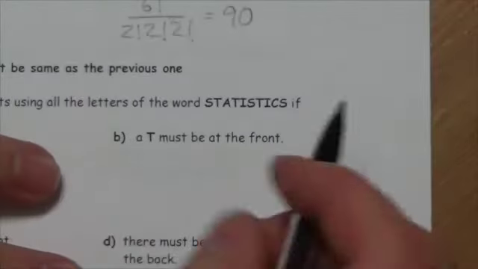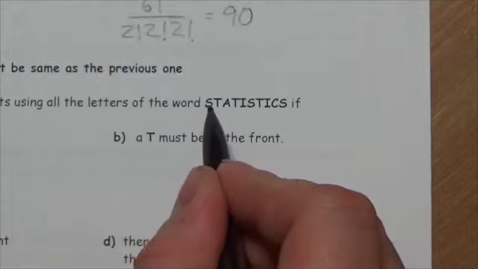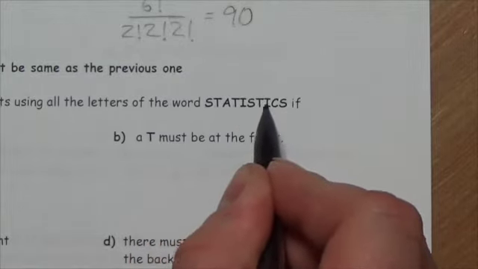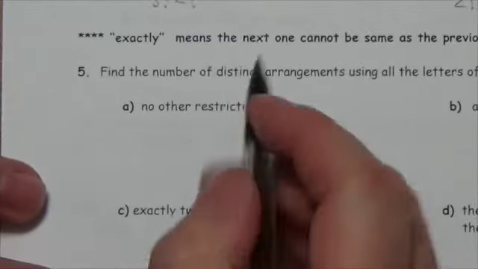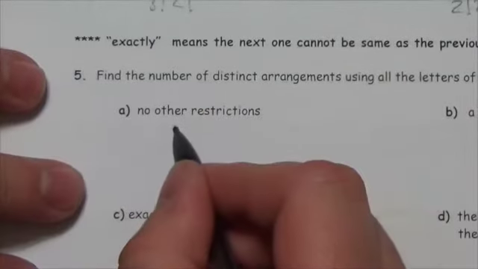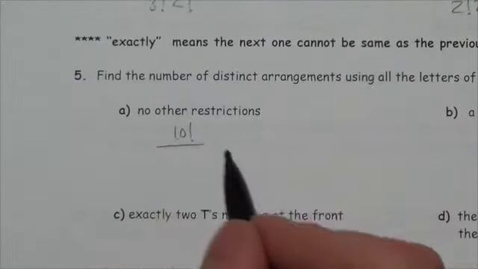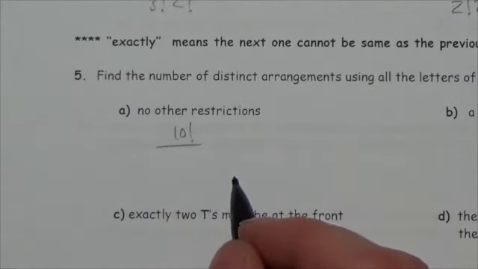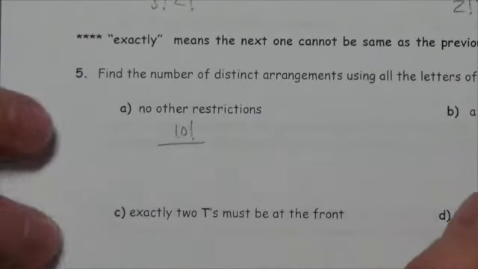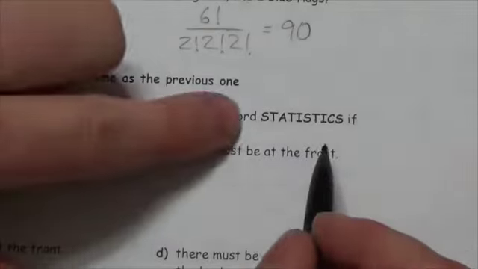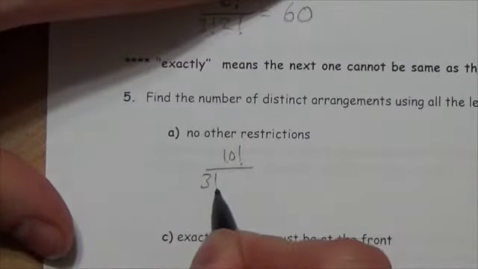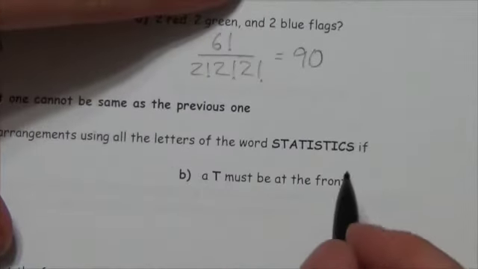So first of all, let's take a look at how many letters there are in the word statistics. 1, 2, 3, 4, 5, 6, 7, 8, 9, 10. So remember, this isn't a restriction dealing with the repetition. So it's going to be 10 factorial, okay? And then we're going to divide by the repetition here. Now in statistics, what have we got here? We've got 3 S's. So that's divide by 3 factorial. What have we got here?